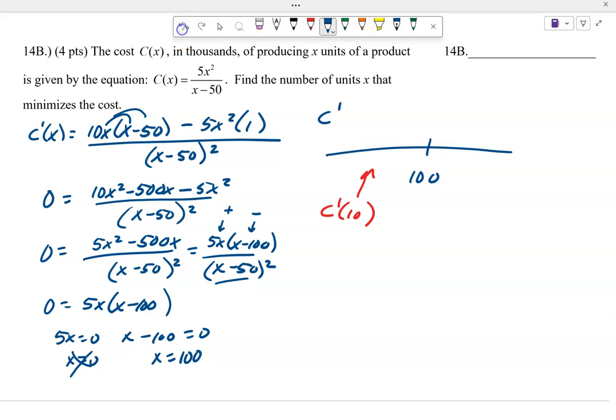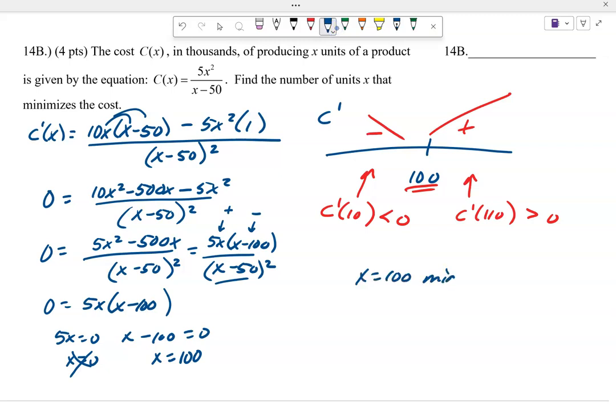So the original function is decreasing. And then I could plug in maybe 110 here, plug that into the derivative, and you'll see that positive. So I just verified, sure enough, there is a minimum there at x being 100. So x being 100 would minimize the cost.